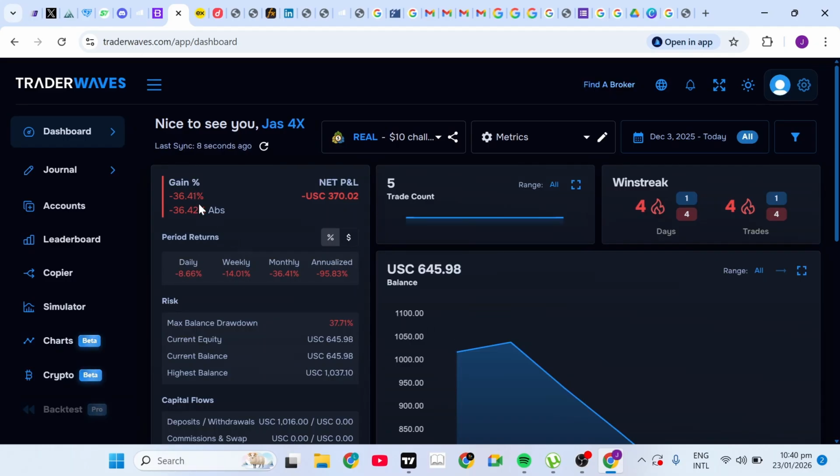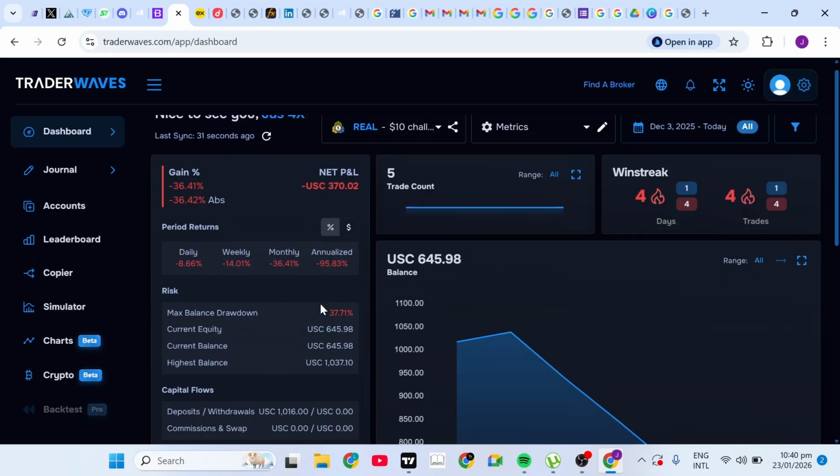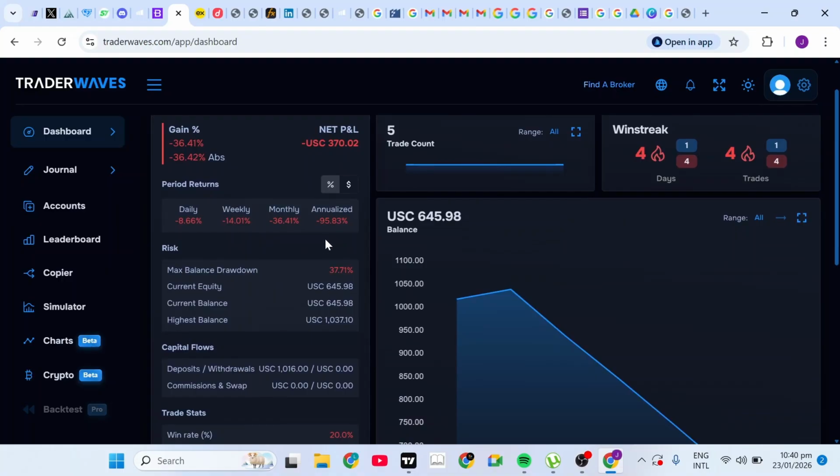We have a gain percentage of negative 36.41%, net profit and loss of negative 370.02 cents, which is about $3.70. Then period returns: daily minus 8.66%, weekly minus 14.01%, monthly minus 36.41%, then annualized 95.83%. So risk: max balance drawdown 37.71%.